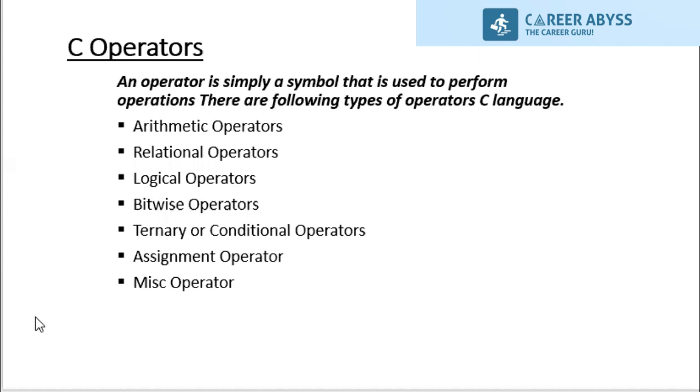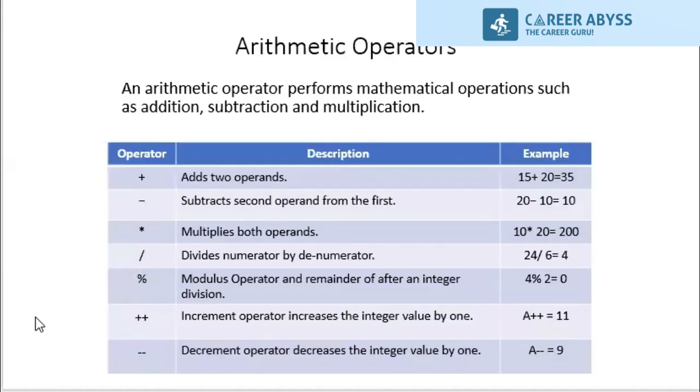From the name itself, you can understand the arithmetic operator is mostly used for mathematical operations, which include addition, subtraction, multiplication, division. Then we have an operator to get the remainder. Then increment or decrement operators like plus plus, minus minus. If we put plus plus on 10, that means it becomes 11, it will increase by 1 in the next execution.